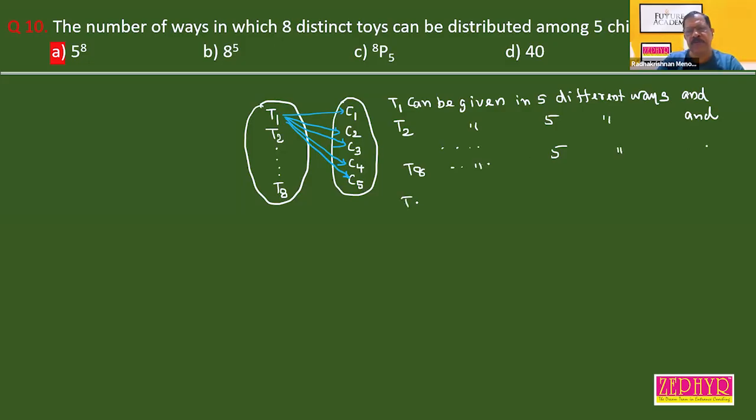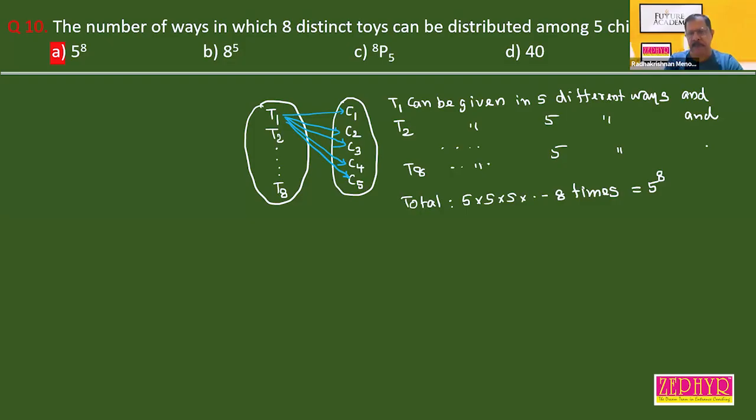Total, by using the fundamental principle of counting: if an event can happen in m different ways and another in n different ways, total is m into n. So here 5 into 5 into 5 into etc., 8 times, is equal to 5 to the power 8. So the answer for that question is 5 to the power 8.